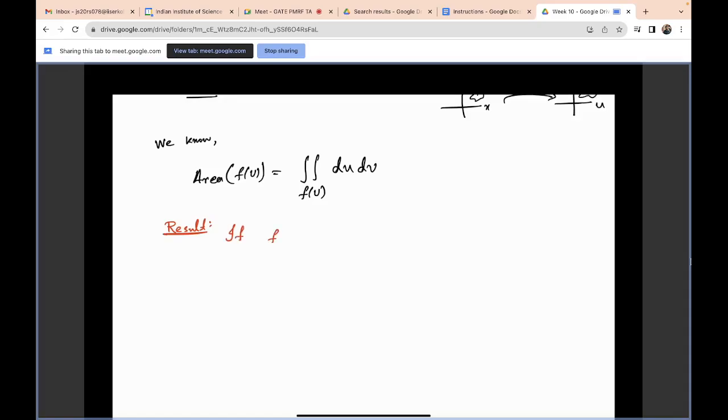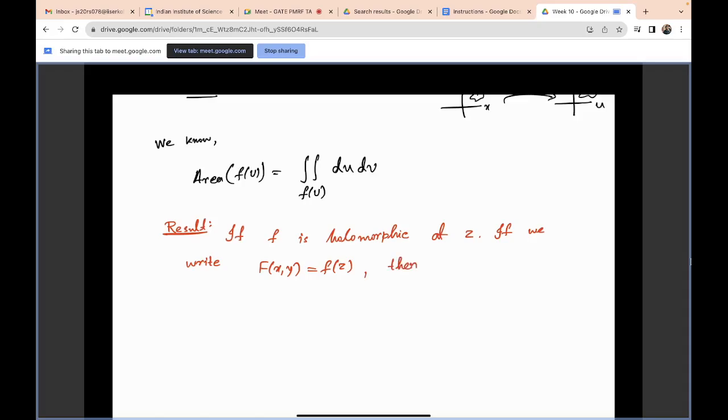If f is holomorphic at some point z, and if we write capital F of xy for f of z, it means we are viewing it as a real function of two variables.